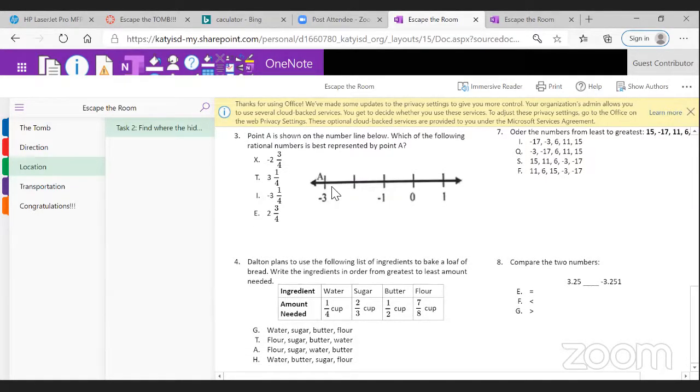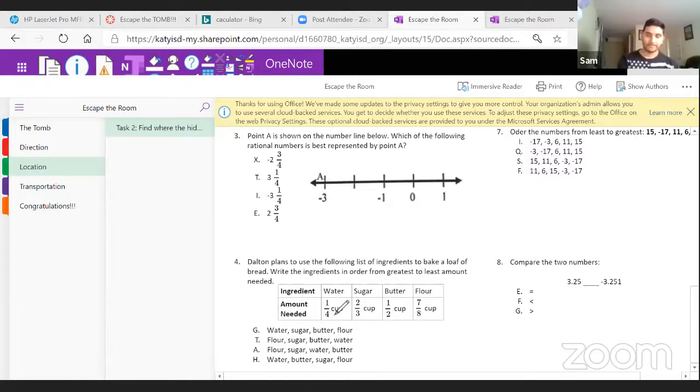Number 4. So we have all these fractions, right?